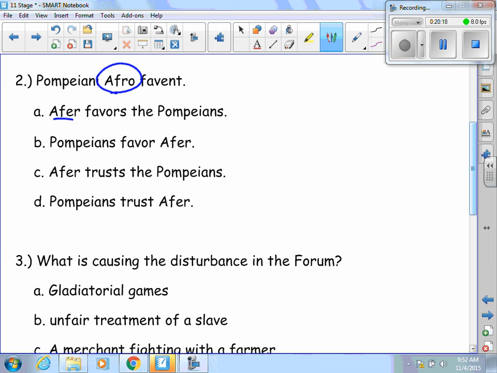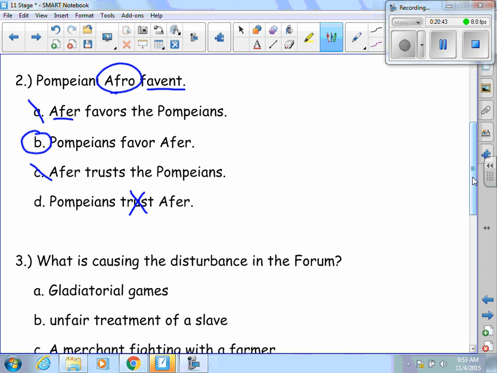B, I have the Pompeians favor offer. That's exactly what the sentence says, so B is my answer. Again, offer is not the subject, so C is gone. The Pompeians are the subject, so for D, trust is the key word. Fraudulent does not mean trust, that would be credit, so D is also gone.